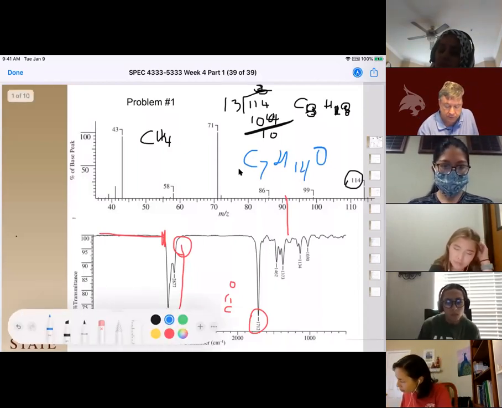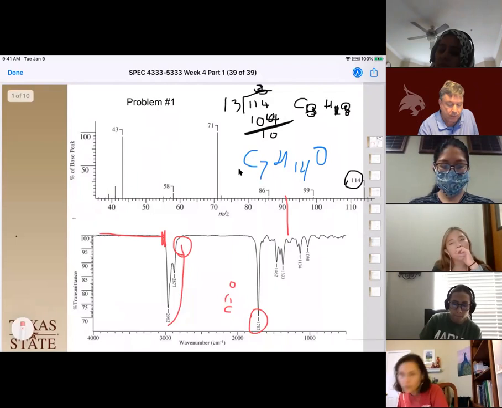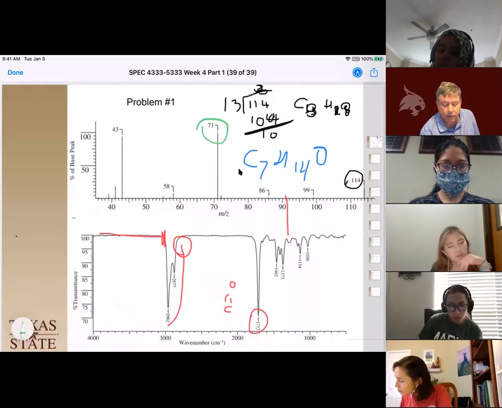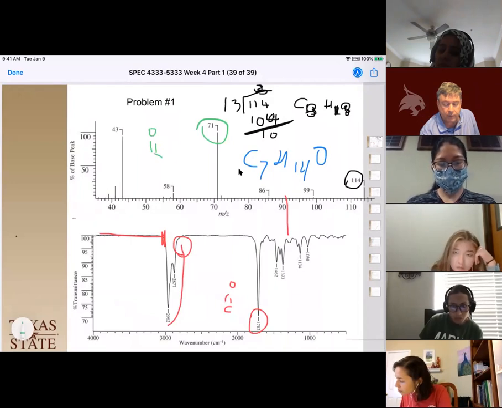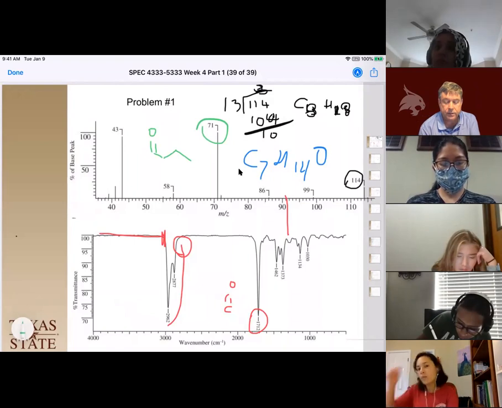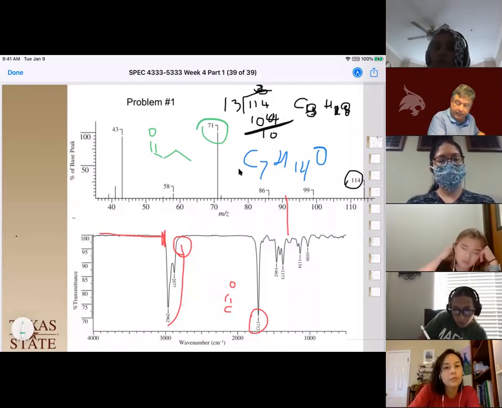So I'm going to change inks again so we know where our data came from. I'm going to erase that. So this 71 here could be a carbonyl with 3 carbons hanging off of it. And so that's our big 71 peak. And what's our 58 peak? That's our next peak down.